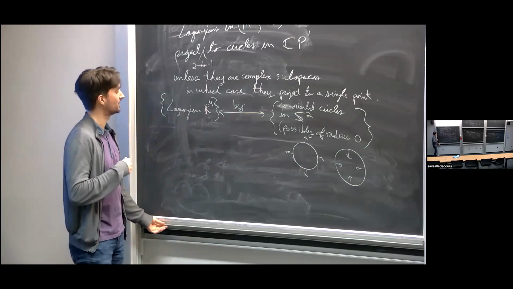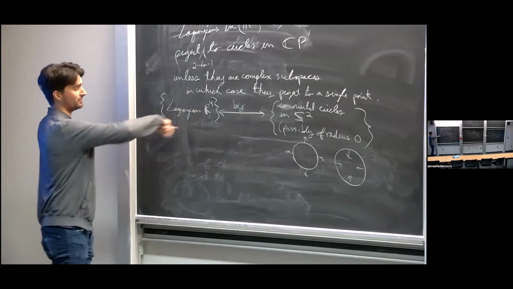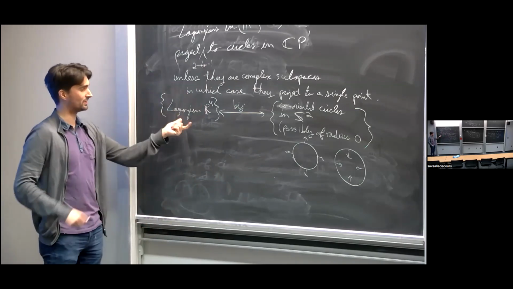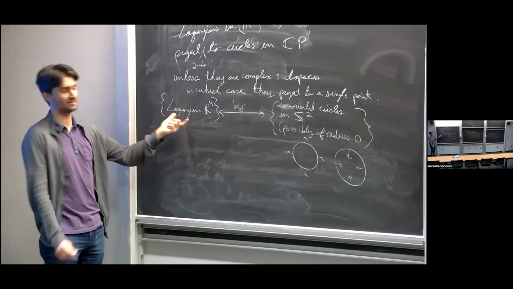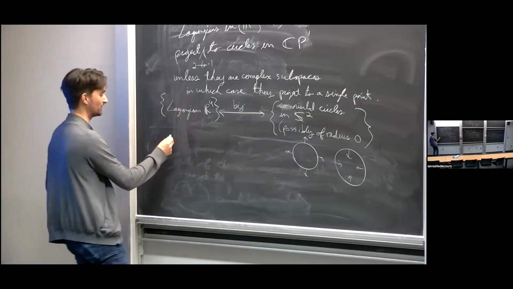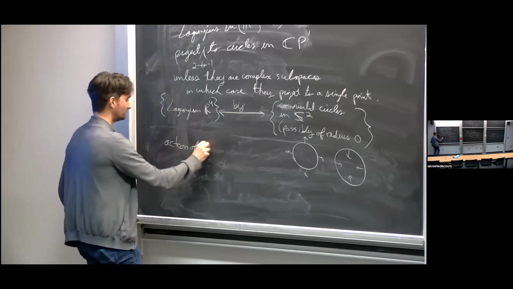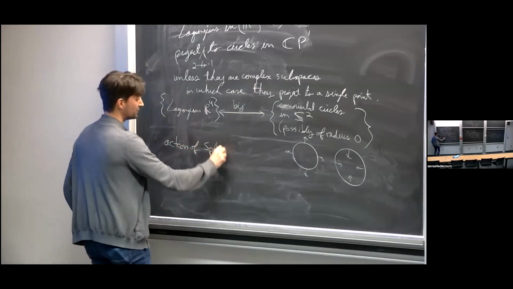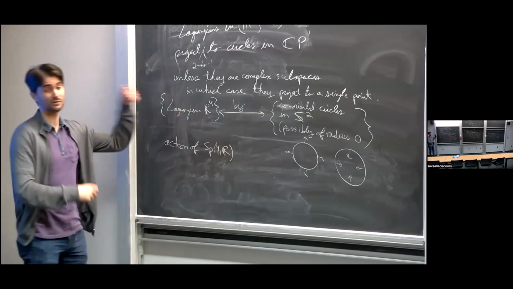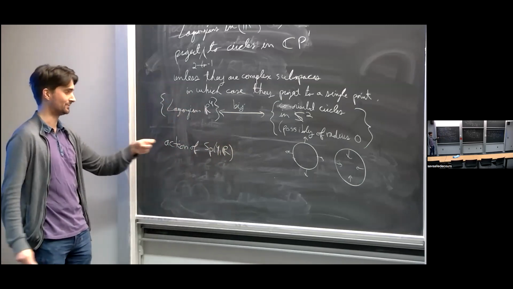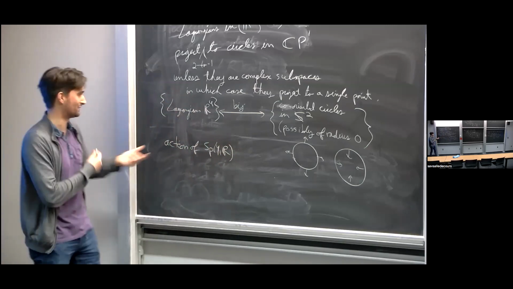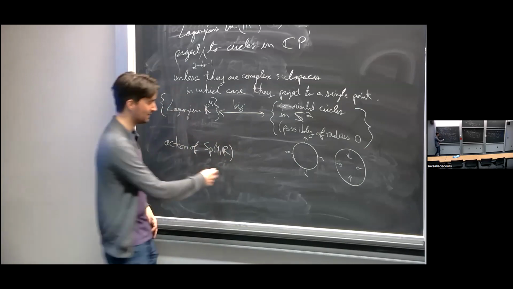So here on the Grassmannian of Lagrangian planes in R4, you have an action of SP4R, which preserves all the structure given by the symplectic form and the linear structure given by the fact that it's a vector space and that we're looking at linear maps.